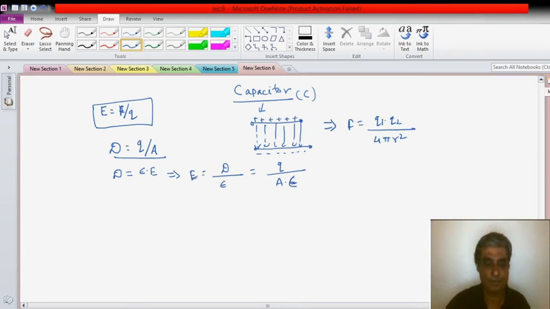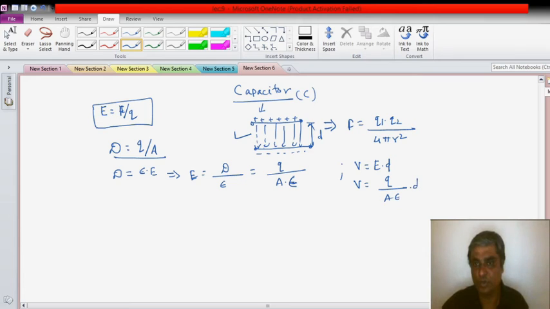Also, if this is the geometry, the voltage across the plates will be V equal to the electrical field into d, where d is the distance between the two plates. So the voltage developed will be E, and E is Q divided by A into epsilon, into d.